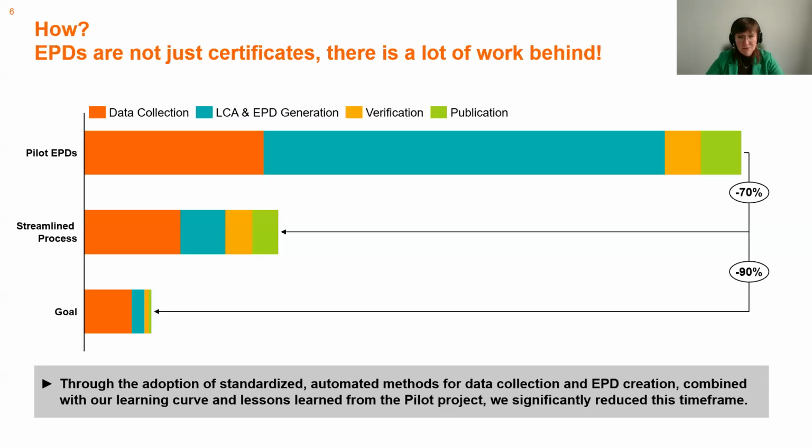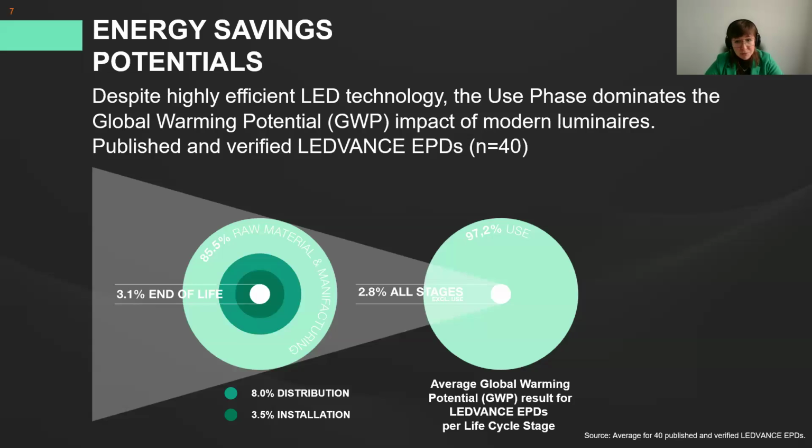But yeah, what do we do now with those EPDs? What are our opportunities and how can they be used? Mainly to first create transparency about the environmental impacts of our products.